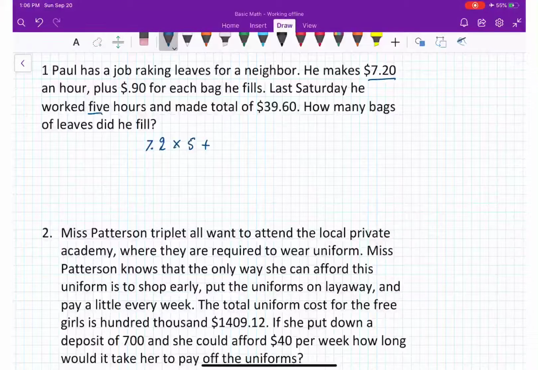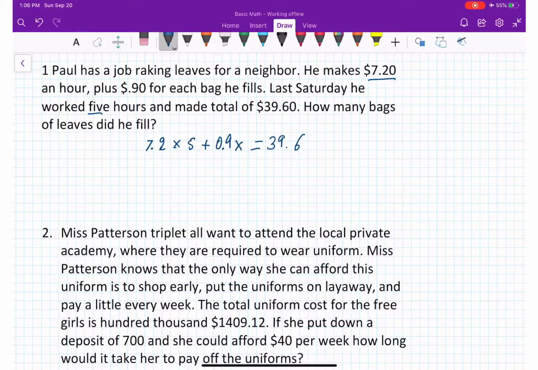We don't know how many bags, so it's going to be X. And each bag he filled up for $0.9. Correct? Okay, and that's all. It made $39.60. Solving this equation, we can find X, which is the amount of bags of leaves he did fill.